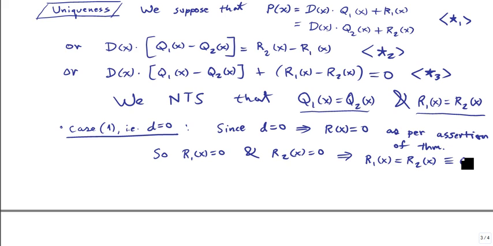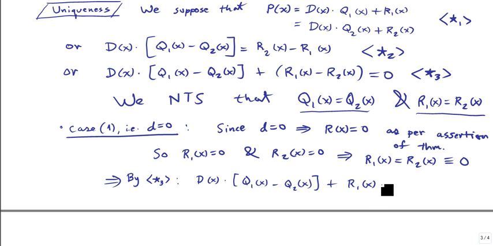But since r1 is equal to r2, if I were to go into the star 3 equation, by star 3, I get d of x times q1 of x minus q2 of x plus r1 of x minus r2 of x is equal to 0.